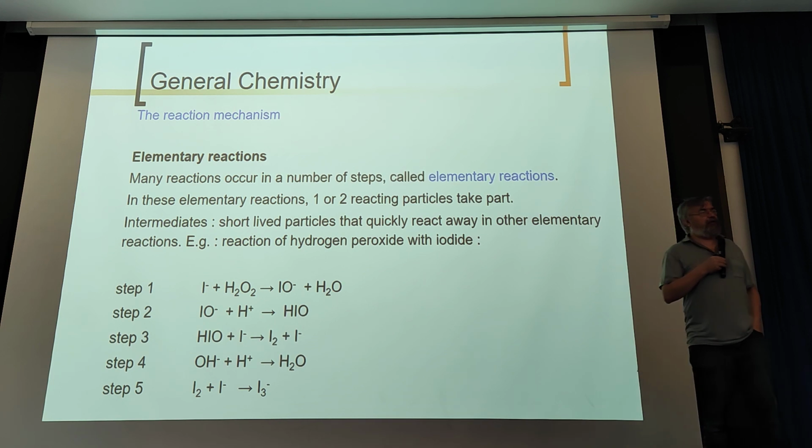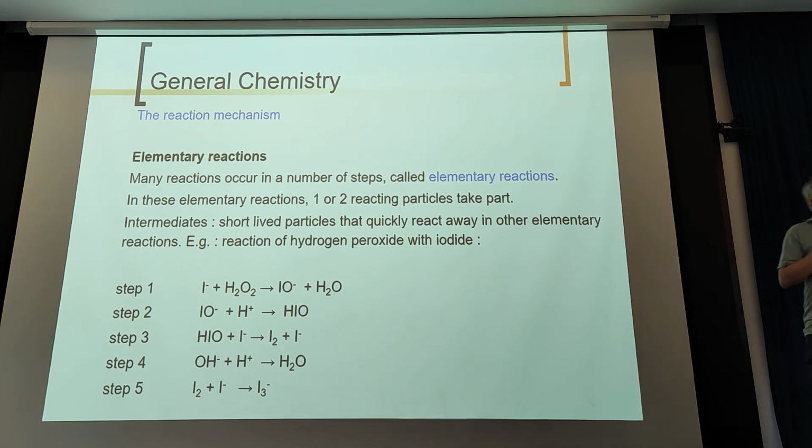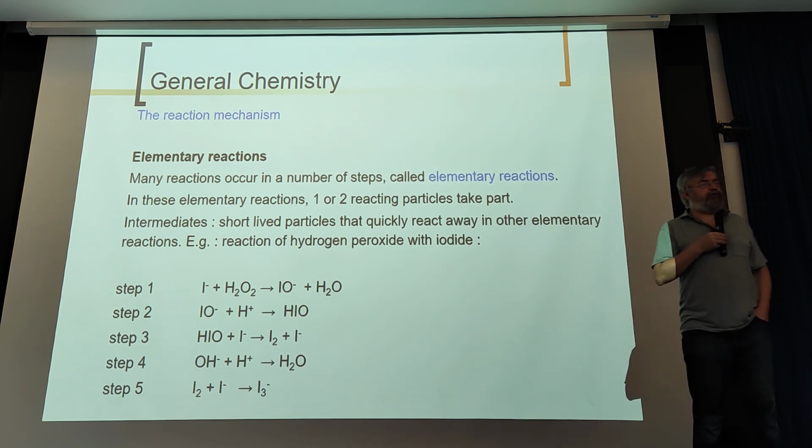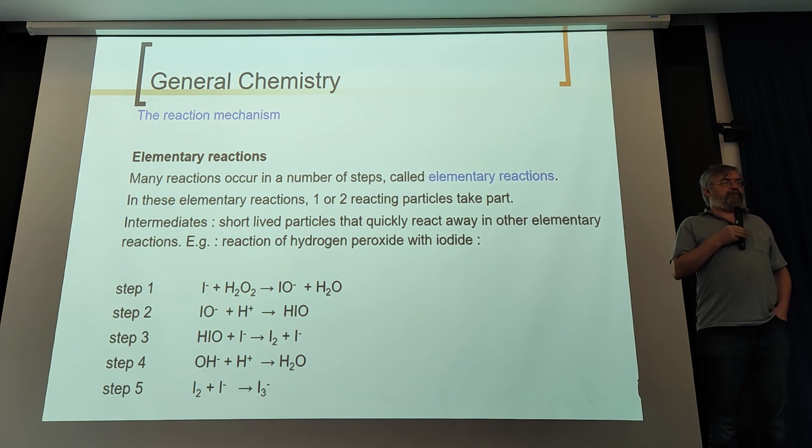And this can be rationalized by assuming that actually we have several steps during this reaction, and these steps each are like the collision of two particles together, or it could also be in some cases one particle collides with solvent and falls apart in that way. That is also possible. So these individual steps of the reaction are called elementary reactions.